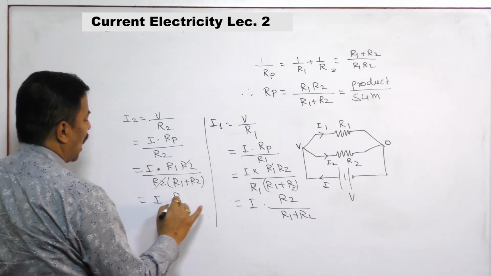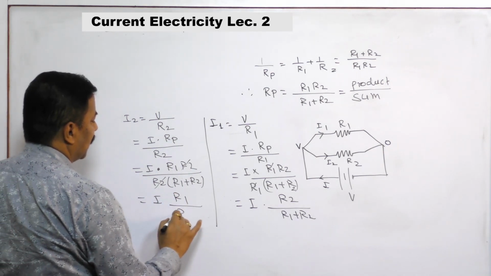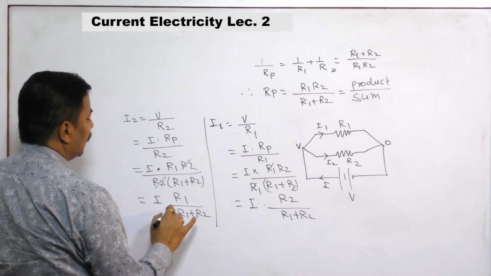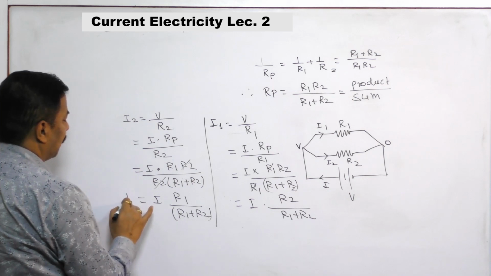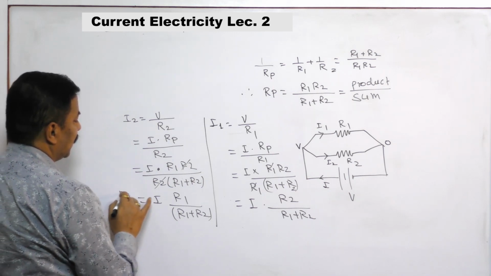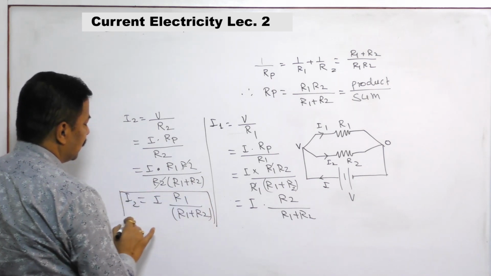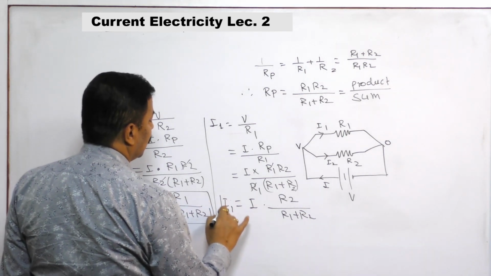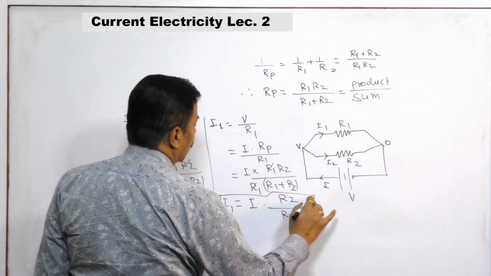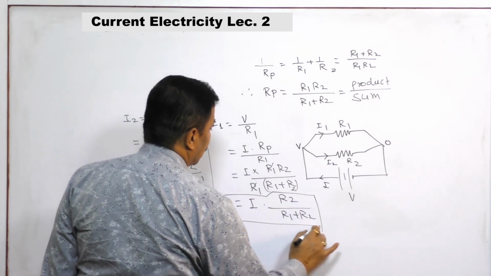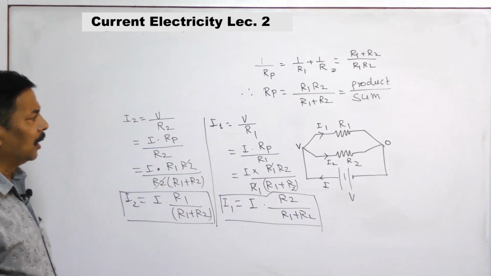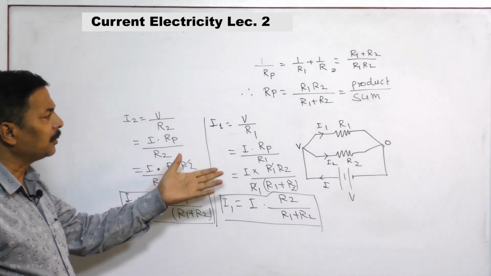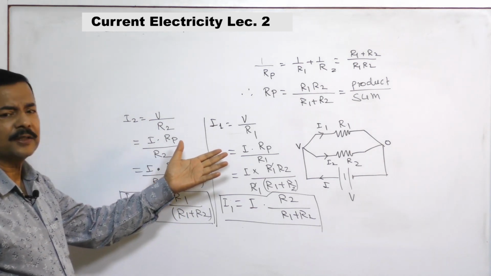I R1 by R1 plus R2. This thing has to be remembered. In case of two resistances, this has to be remembered very carefully. This will simplify the situation and you can solve the questions in case of two resistors in a very comfortable way.